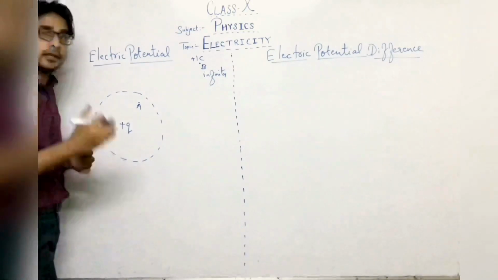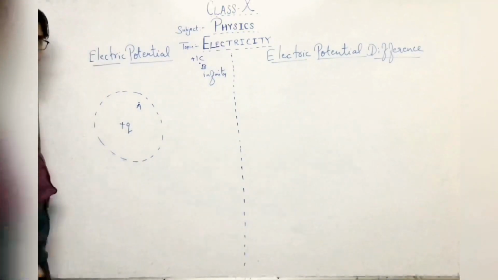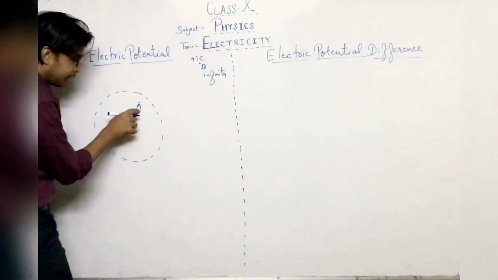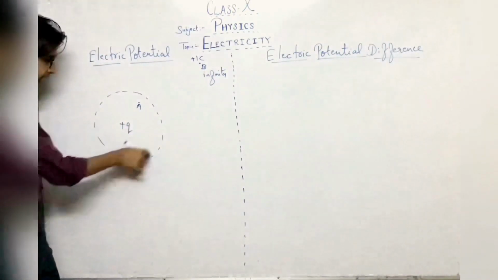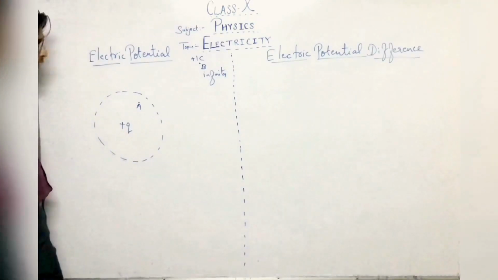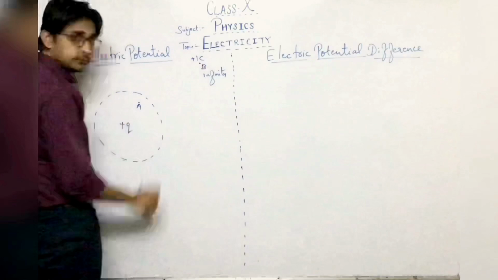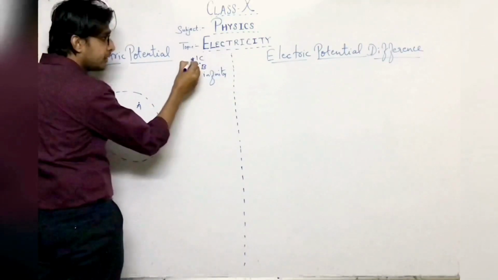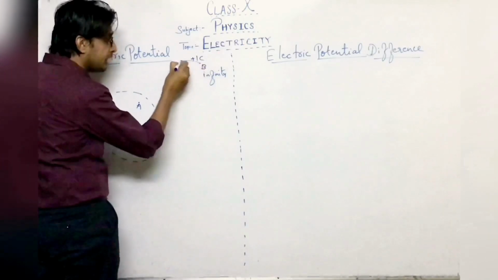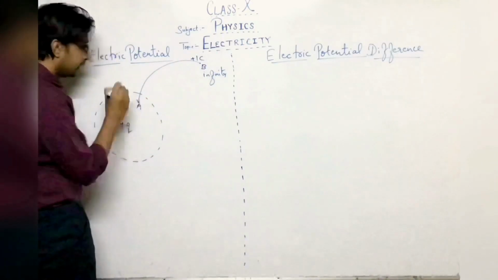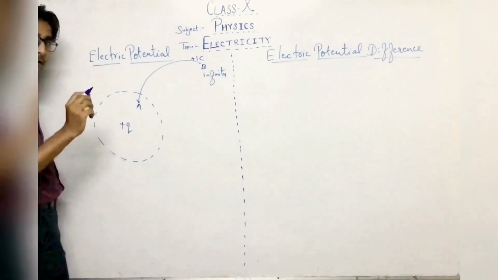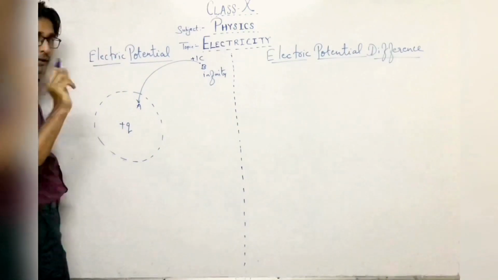Now we will define it. See, electric potential at a point inside the electric field of a charge is defined as work done in bringing a unit charge, unit positive charge from infinity to that point inside the electric field. Okay, not understood, I know.